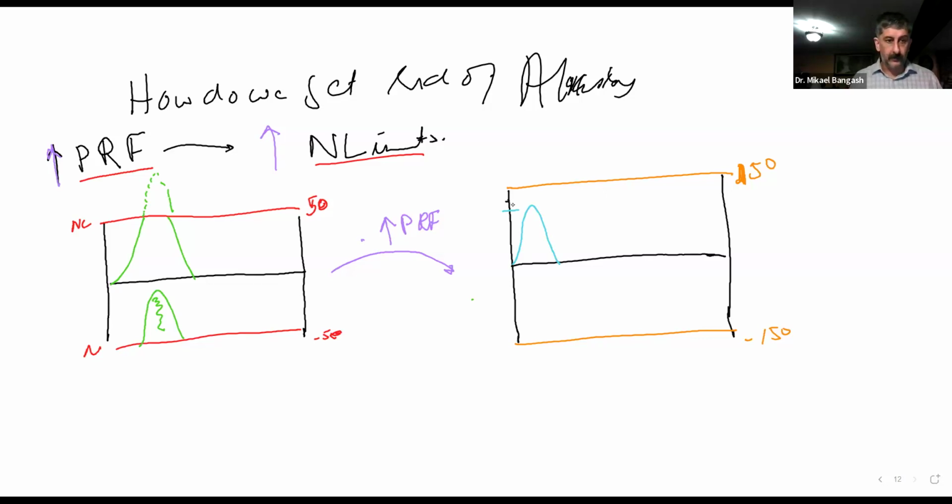We might even have some small velocity, even flow reversal. Did you guys get that?